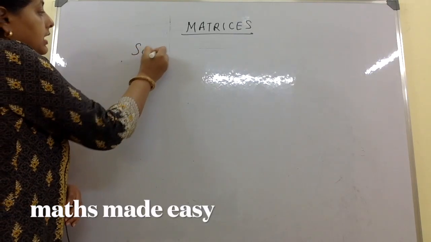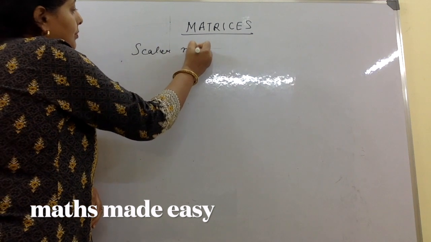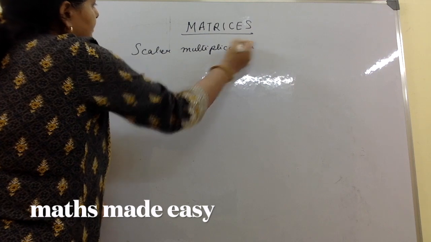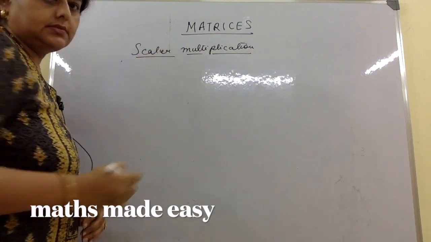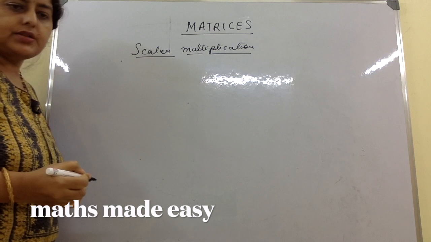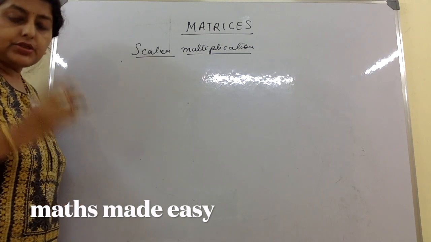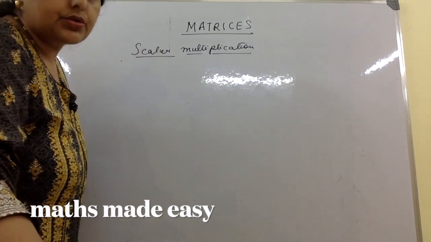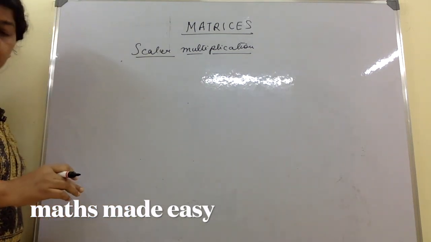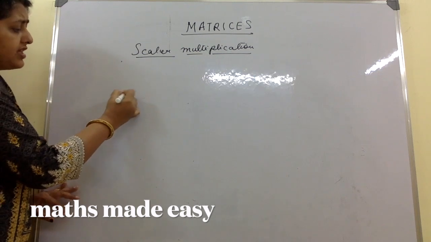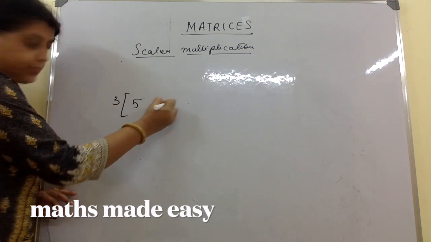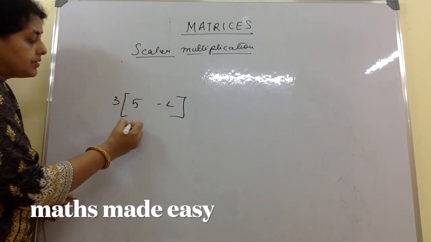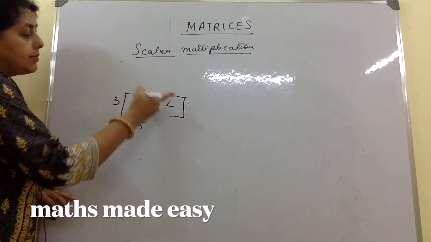Now what do I mean by scalar multiplication? There are two types of matrix multiplications, as I said. Scalar multiplication is, let's take 3, it's very simple, 5 and minus 2. If I want to multiply this with 5, I just have to make it 15 and multiply it here also.